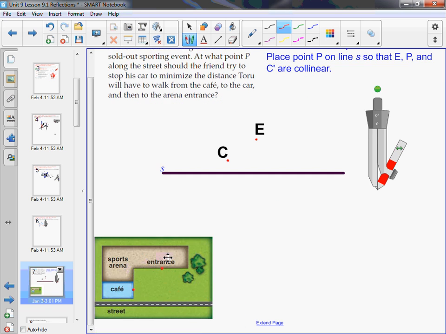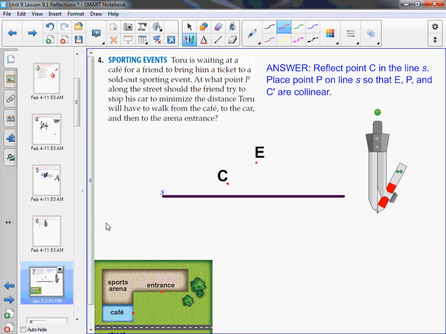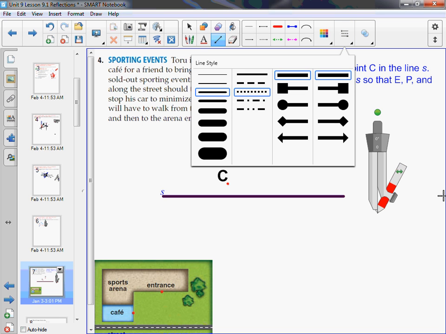So as everybody's drawing, look about like this, we're going to reflect point C in line S. All right, so we need a dotted line.